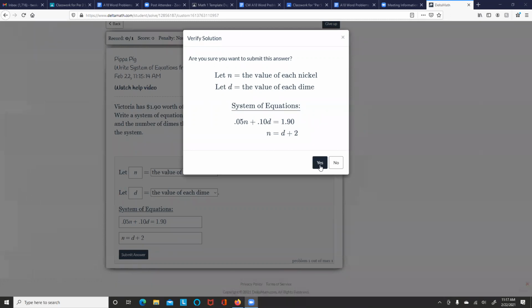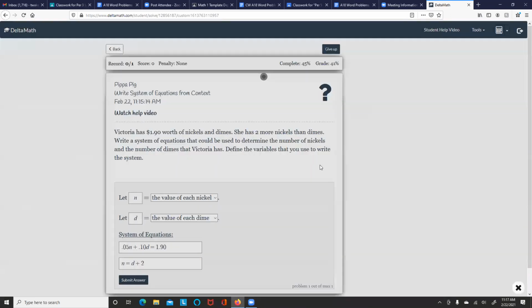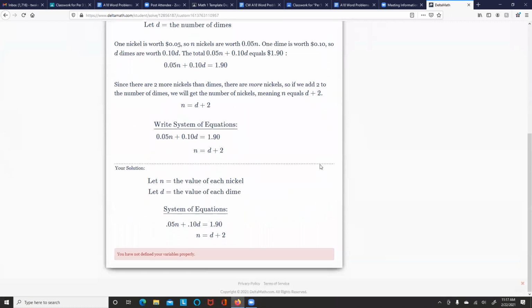Hopefully you have typed those in. Oh, it didn't like how I did something. Let's see. Oh, you have not defined your variables well. It says let N equal the value of each nickel and D equal the value of each dime. That's not true. N is not the value. The value is 0.05.